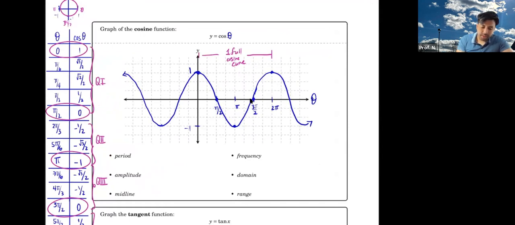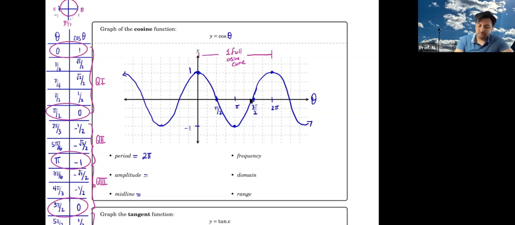So now you tell me, guys, what would be the period, what would be the amplitude, and what would be the midline? So the period is how long it takes to see one full curve. Obviously, we only have to move around the unit circle, 2 pi radians. So the period is identical to the period of sine, which is 2 pi.